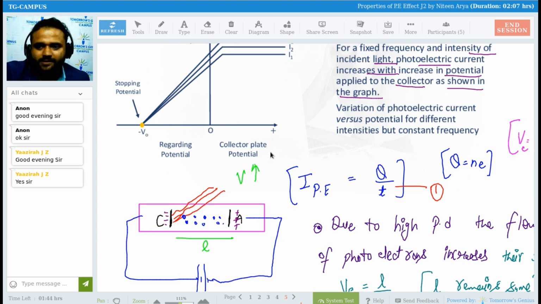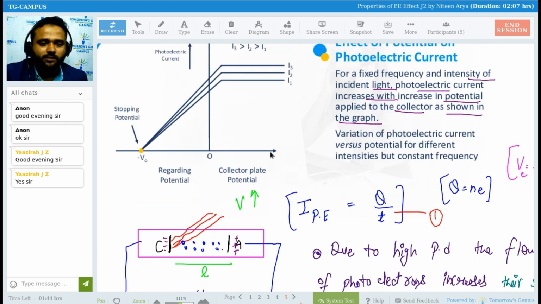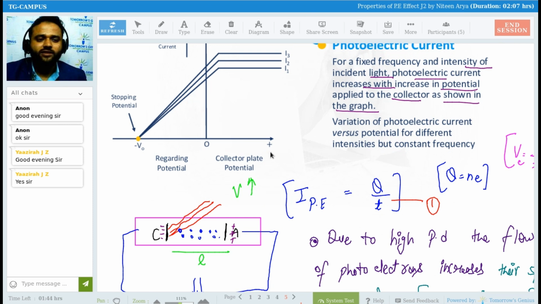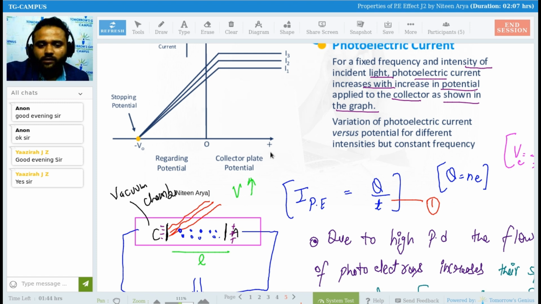because once I made this vacuum chamber, I cannot alter the length again and again. Creating a vacuum chamber, or this vacuum plate, is a costly thing, so I'm not going to alter its dimension.